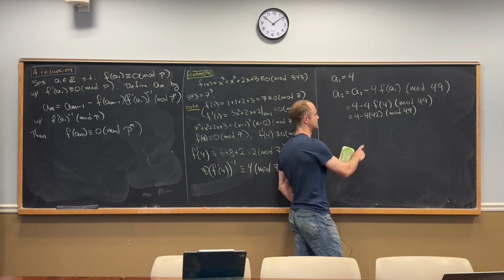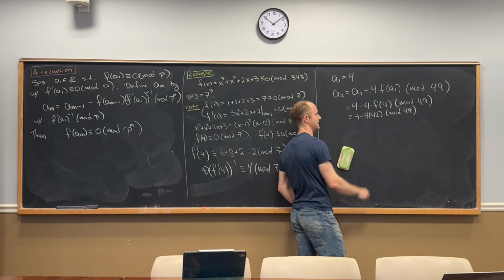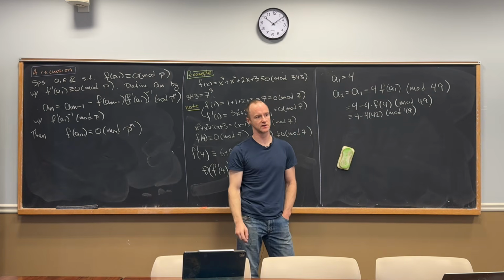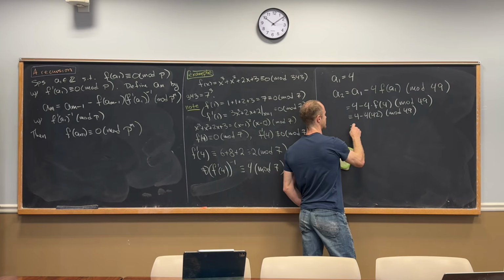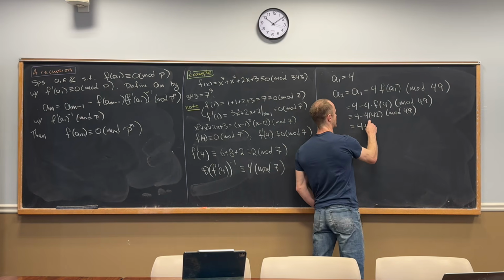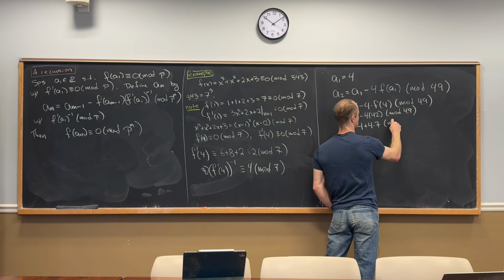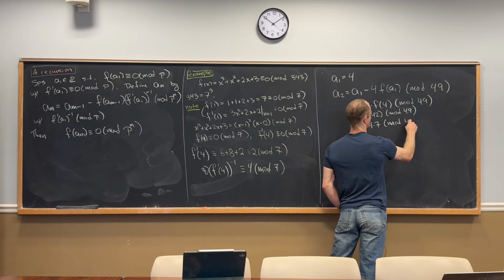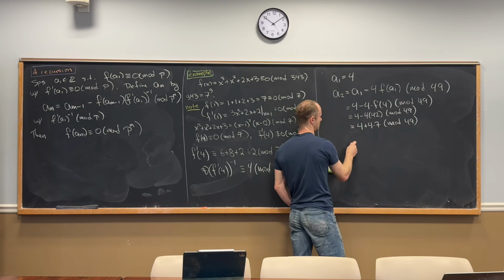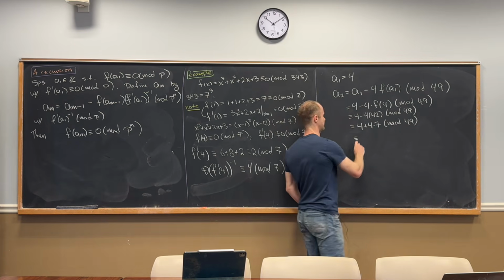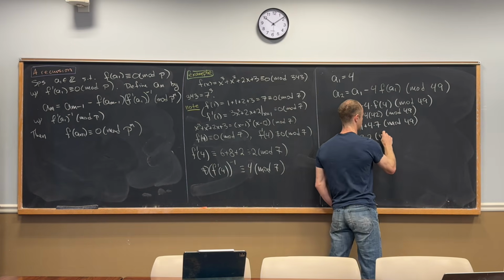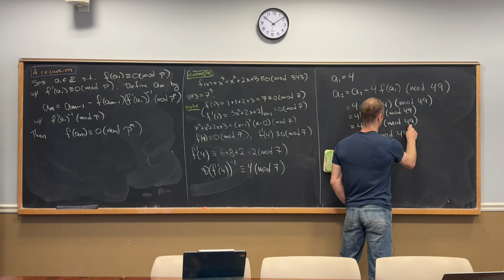That's actually not so hard because we can bring this minus sign in and flip the 42 back around to a 7, right? So this is congruent to 4 plus 4 times 7 mod 49. That's 28 plus 4, 32. 32 mod 49.